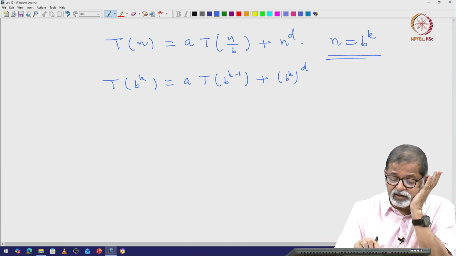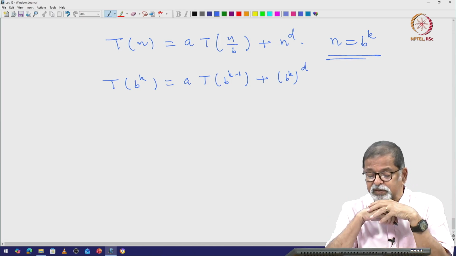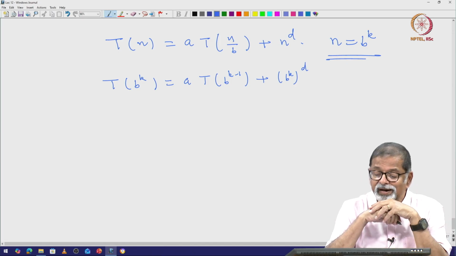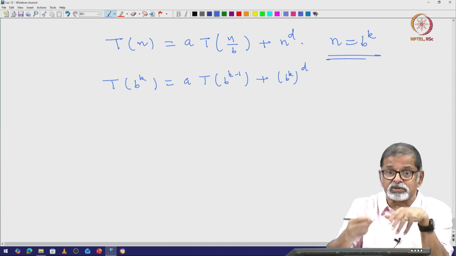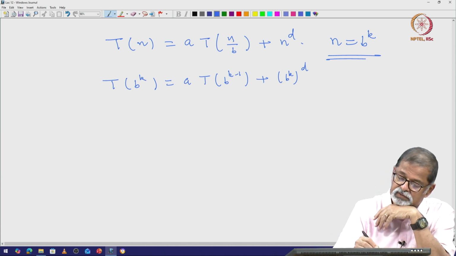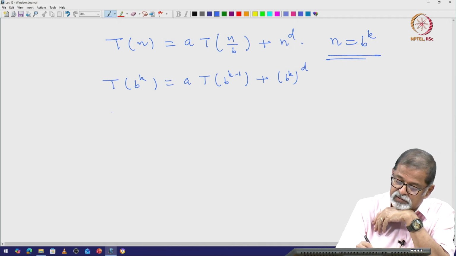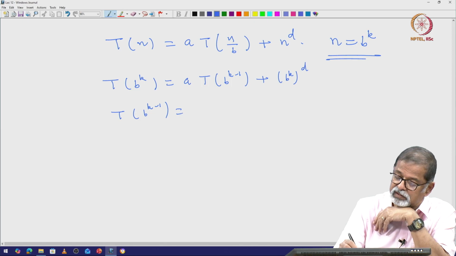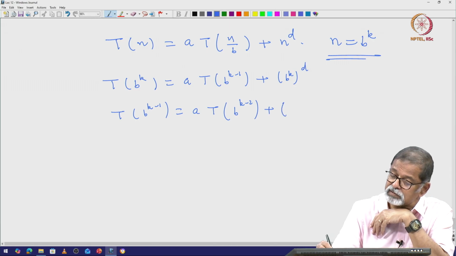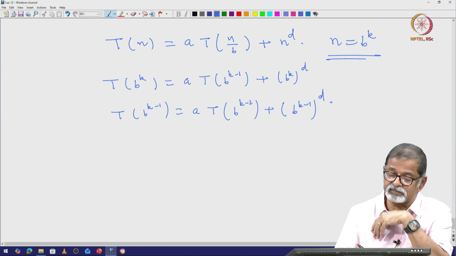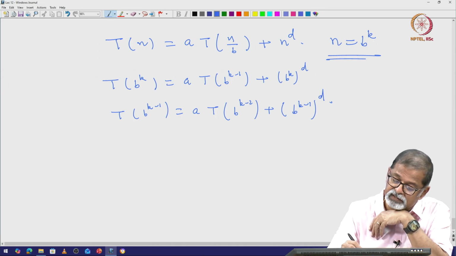So, you see that T of b power k is expressed in terms of b power k and b power k minus 1. So, I can now substitute b power k minus 1. This implies T of b power k minus 1 is nothing but A times T of b power k minus 2 plus b power k minus 1 whole power d, and I can plug in this value here.